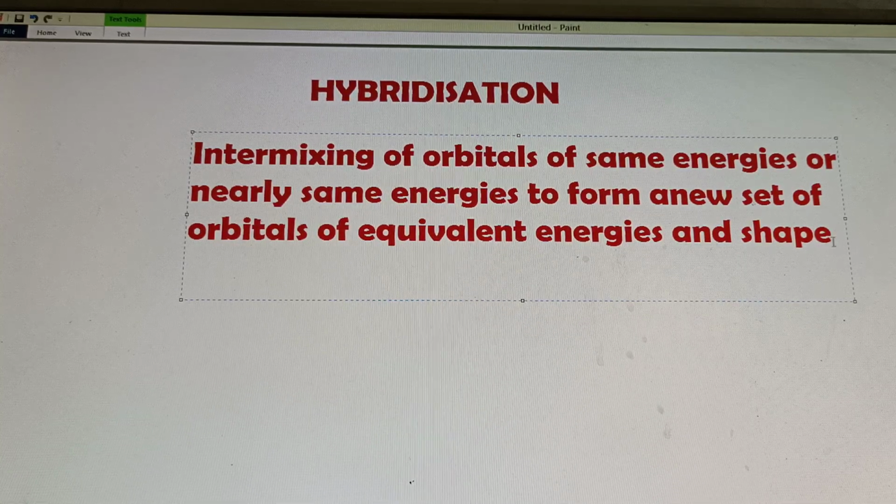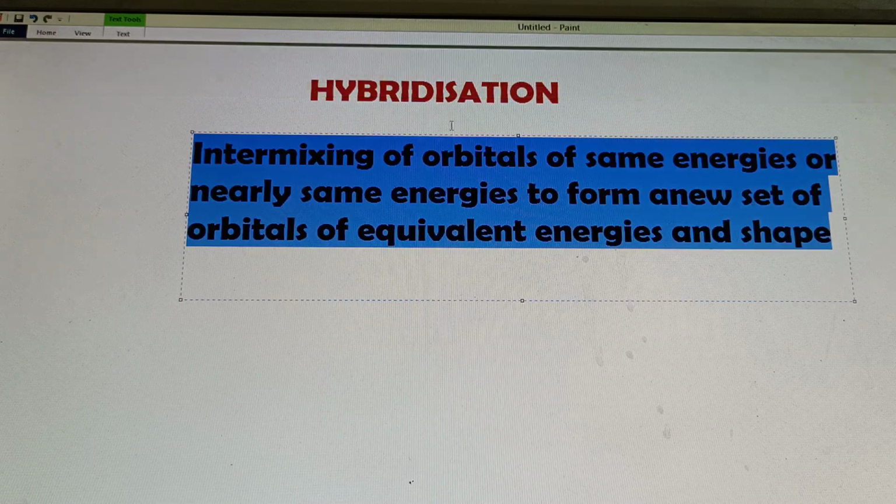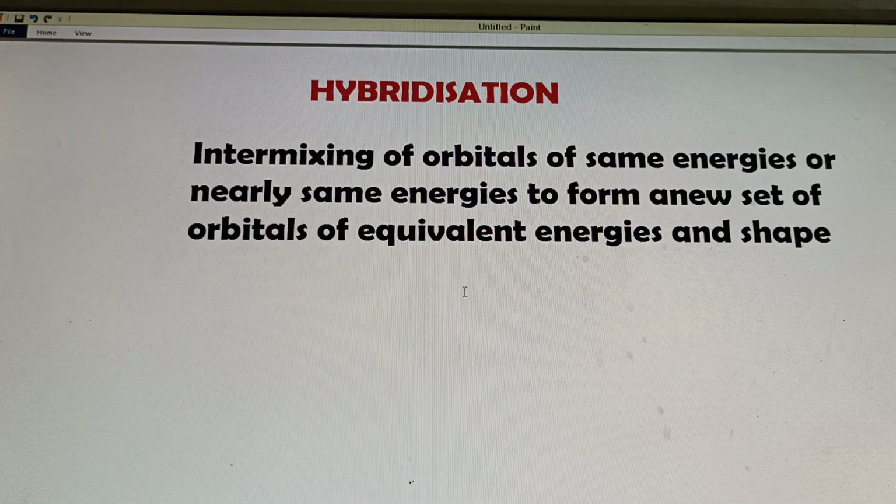So this is the definition of hybridization of orbitals.